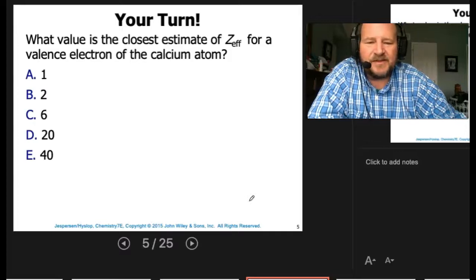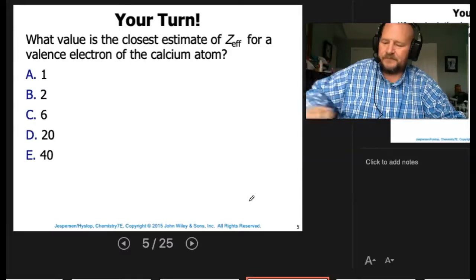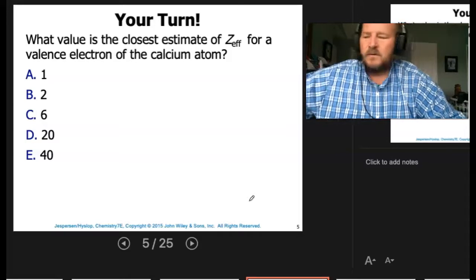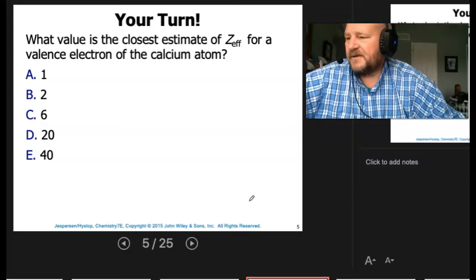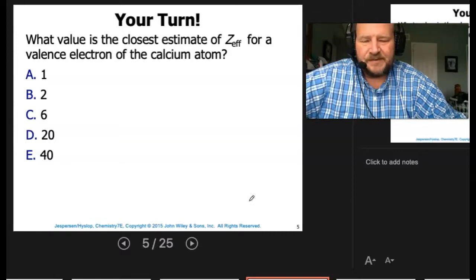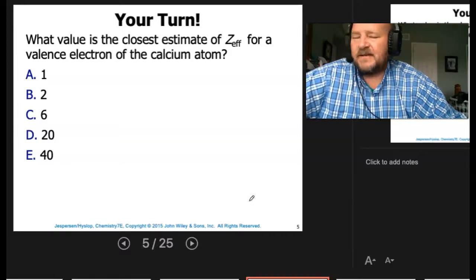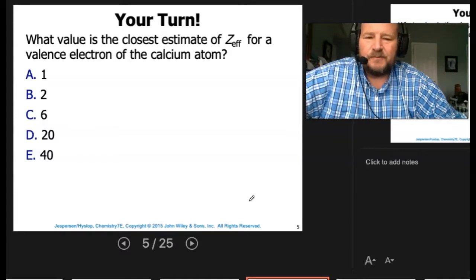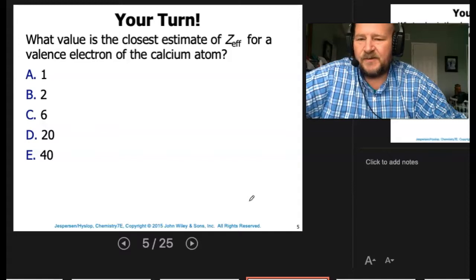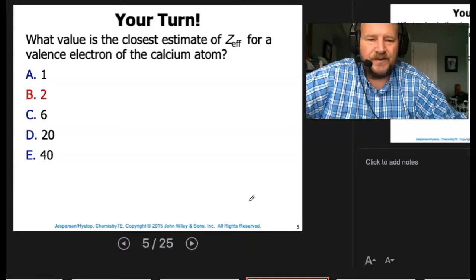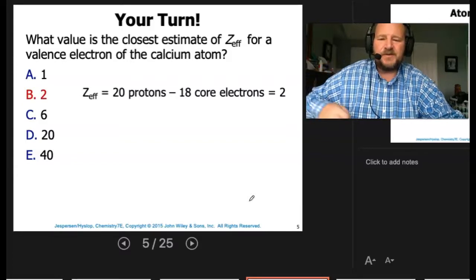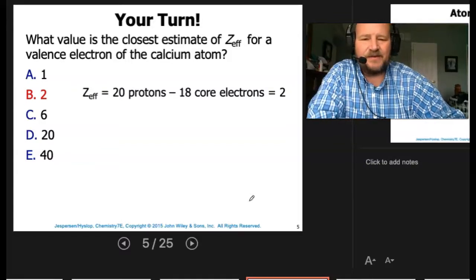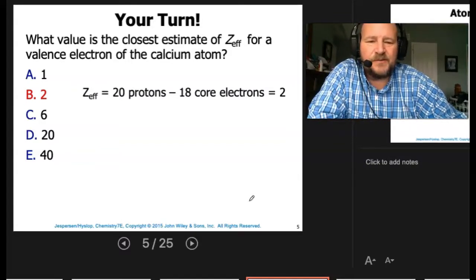Okay, so if we're looking at the calcium atom, we'll go to our periodic table, and we'll see calcium is number 20, so we've got 20 protons, and then we've got 18 electrons in the core, which means there are 2 protons unaccounted for, and so the Z effective for the valence electron will be about a 2. Okay, so Z effective would be 20 protons minus 18 core electrons, which equals 2.